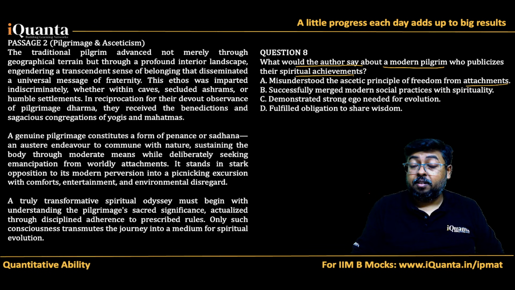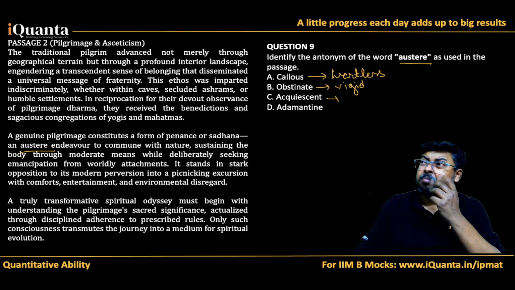What is obstinate? Obstinate is someone who is rigid. Fine. Orthodox. Acquiescent. Now, when I say this word, it comes across something like, when I get acquainted to someone, what happens out there? I become a bit flexible, right?